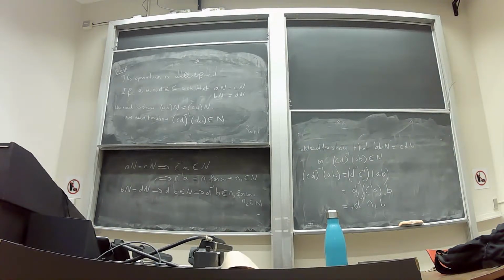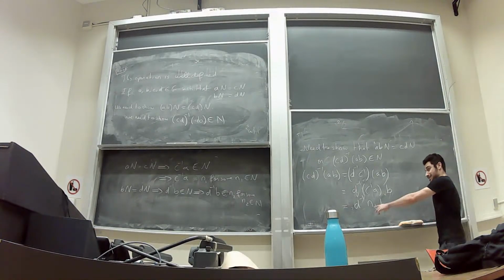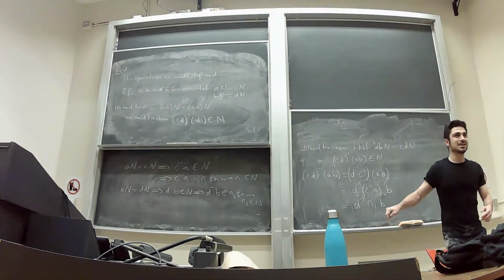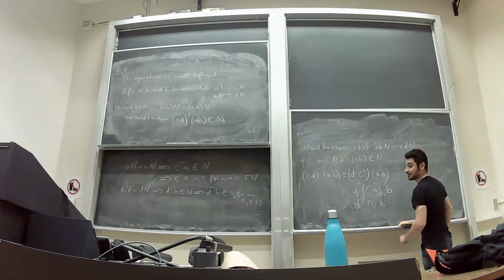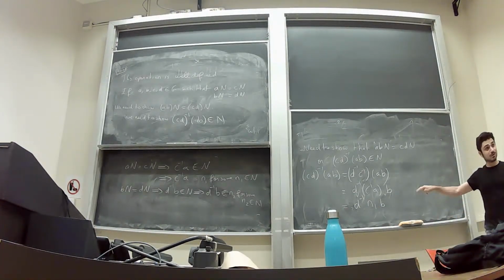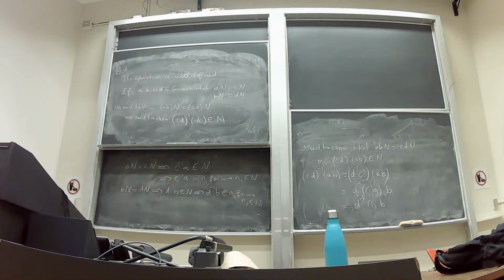Now if you could switch D inverse and N1, then you could say this is N1 and D inverse, which belongs to N. If you could flip N1 and D inverse, you could say this is automatically N1 and N2, or N2 and N1, which belongs to N. But is this allowed?